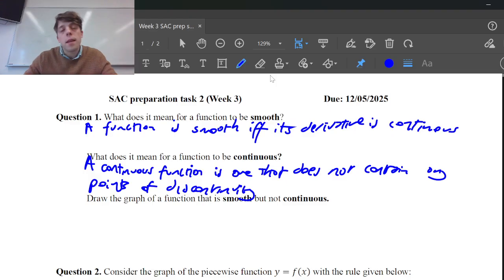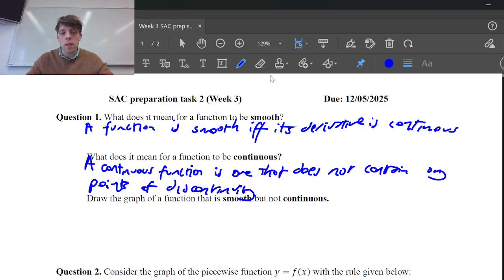One way of thinking about this is, like I said, there are no jagged points along the graph. Another way of thinking about it is if we were to take a piecewise function and look at its endpoint, whatever the x value is, if I plug that into the first equation, I'm going to get a number. If I plug it into the second equation, I'm going to get another number. If those two numbers are the same, then the function is smooth.